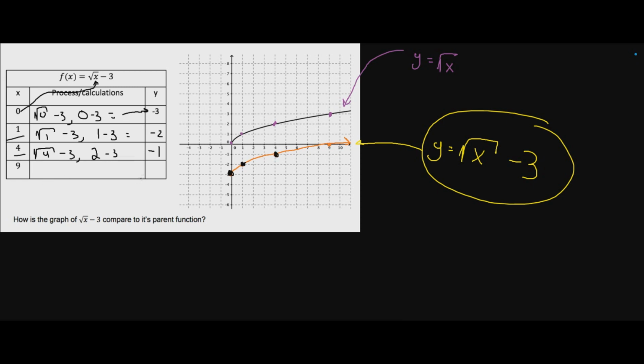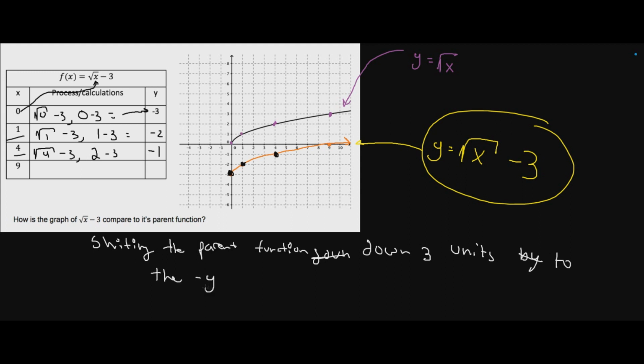So you see, the square root of x minus 3, all we're doing is shifting the parent function down 3 units. Okay, so we're shifting the parent function down 3 units.